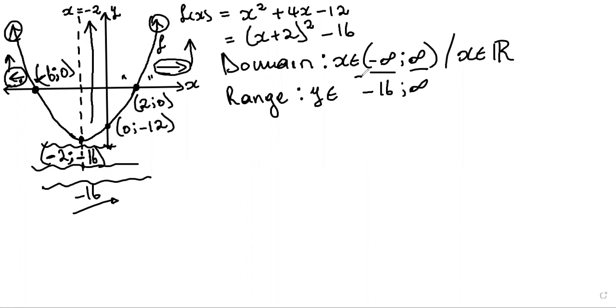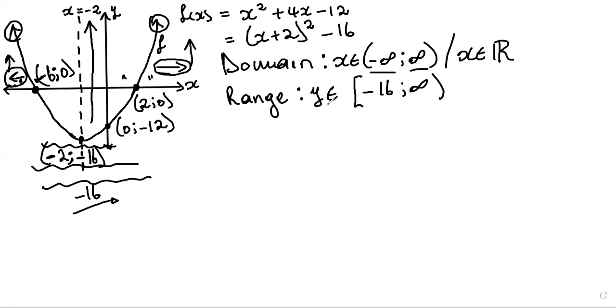But it starts at negative 16. So you must use a square bracket to show that negative 16 is included. But you use a round bracket for infinity because infinity is not really a number, so you can't include infinity.